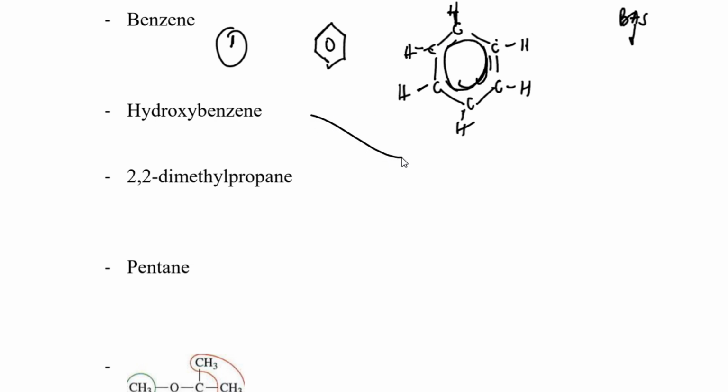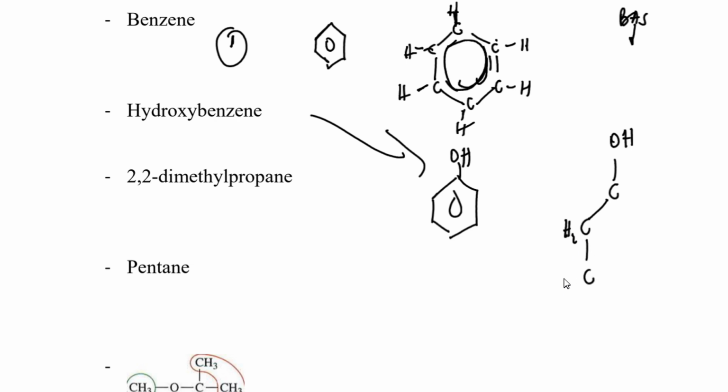So let's look at this one. This is a structure, and we have it to be OH. So let's also open it out. We have this OH, then CH2, CH2, CH2, CH2, and CH2 as well.